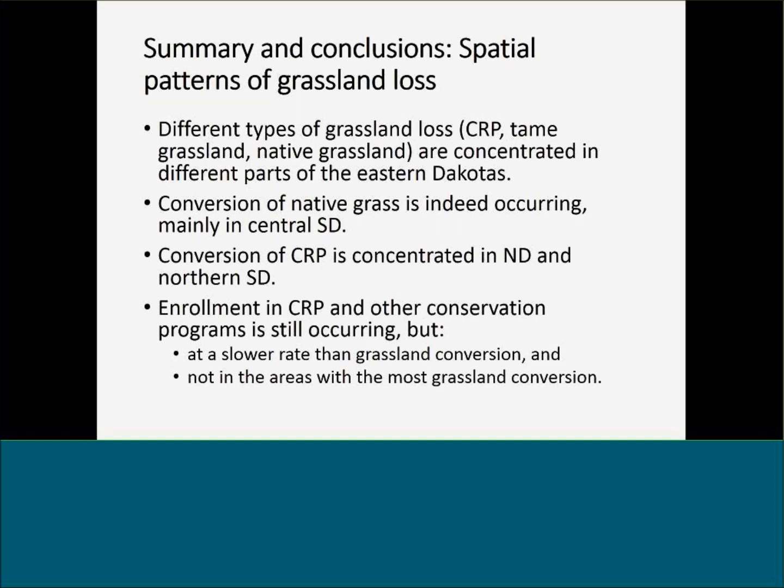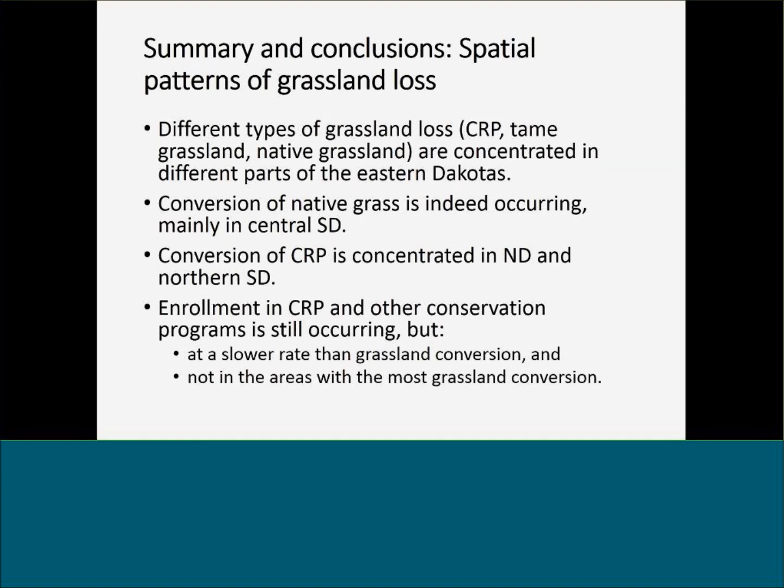Different types of grassland loss occur at different rates, and they're concentrated in different parts of the eastern Dakotas. Where we're losing most of the CRP is not in the same area that we're losing tame grassland and native grassland.